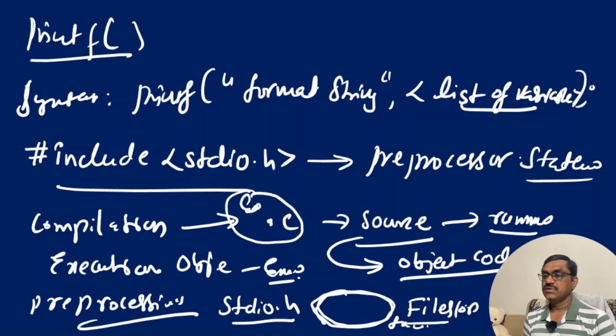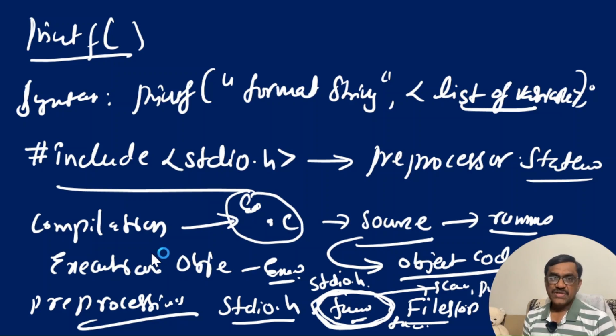The name of this total storage is called stdio.h, standard input output header file. In this header file there are hundreds of functions, and within these functions you can find the scanf statement as well as the printf statement.